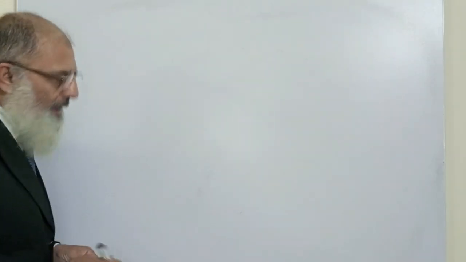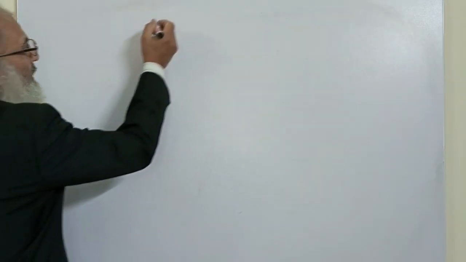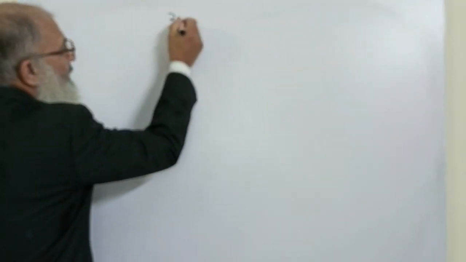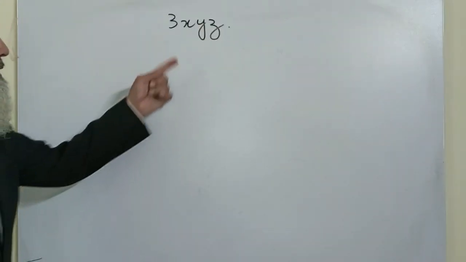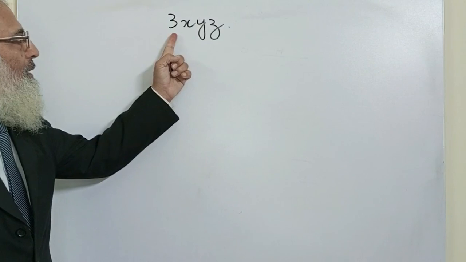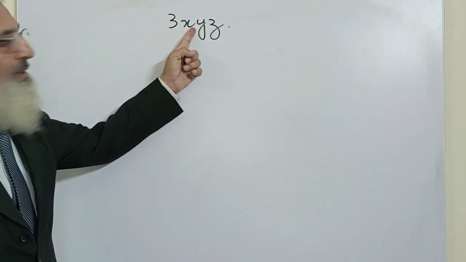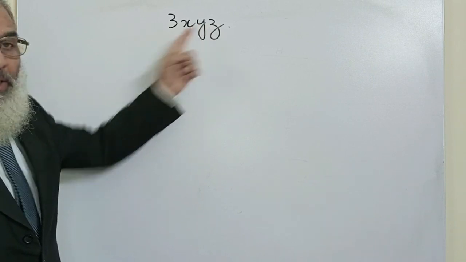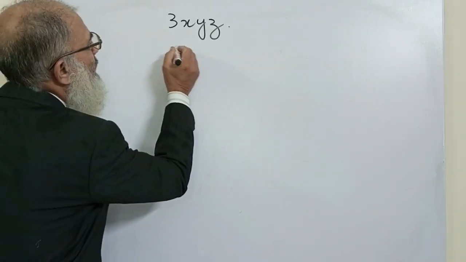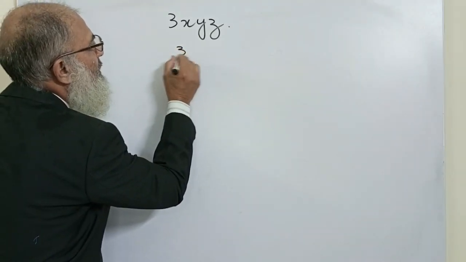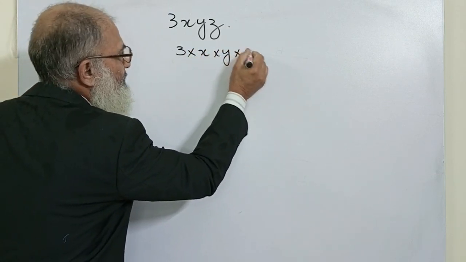To start with the exercise, or to give you some examples, I just write here 3xyz. You see that this 3 is being multiplied with x, y multiplied with z. So in fact, what is written is 3 multiplied by x multiplied by y multiplied by z.